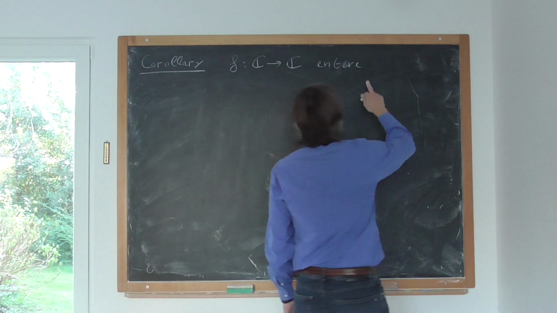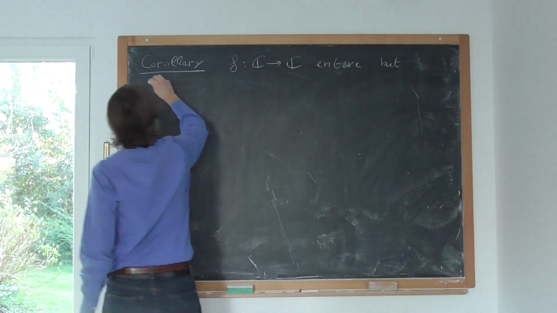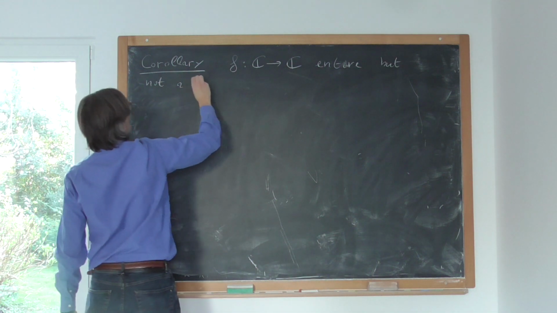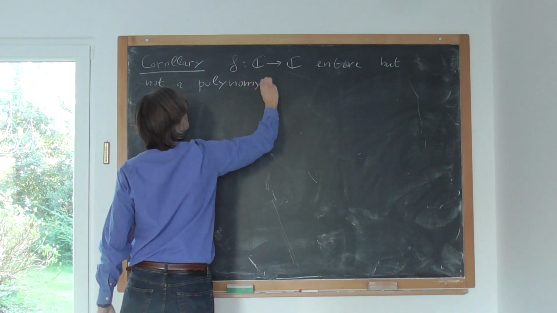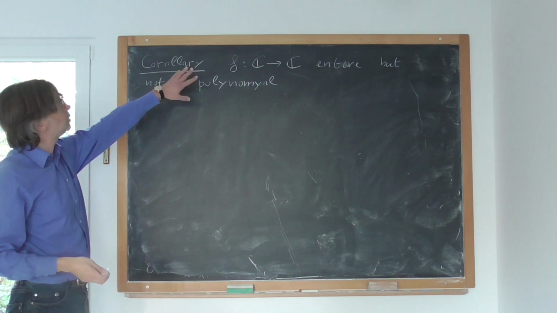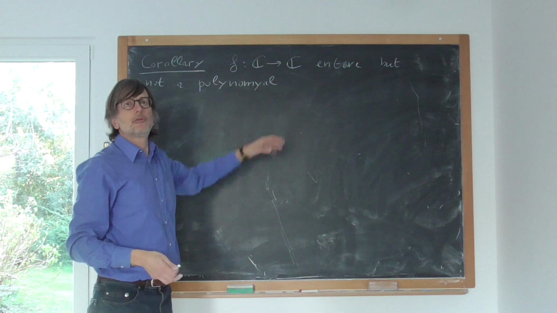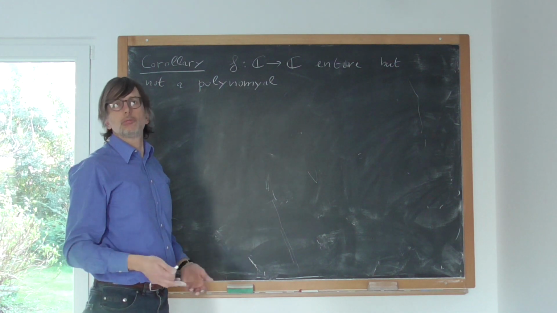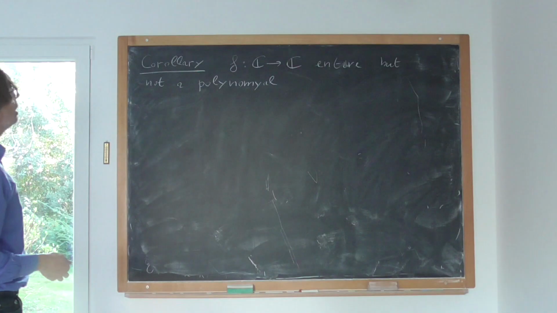But let's assume that it's entire, but not a polynomial. Polynomials are entire functions, but we're assuming that we have an entire function which is not a polynomial. For instance, f could be the exponential function, sine, cosine, one of these functions.